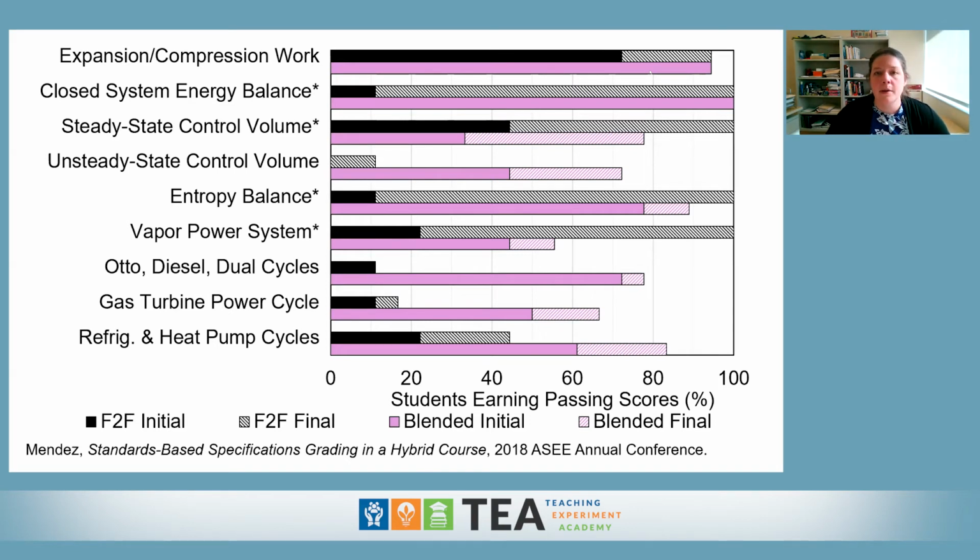Okay, so I've taught the course a couple times since then, and I've revised the list of standards a little bit. I don't have the project in this course anymore because it was removed from our syllabus as a requirement, so I took it out of my course.